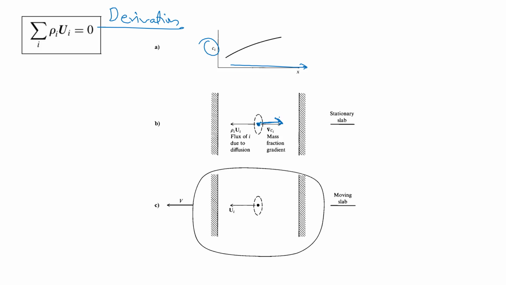So if the gradient is positive in this direction, it means that this side will be high concentration and this side will be low concentration. So the flux of the species i will be from right to left. So this will be the direction of flux.